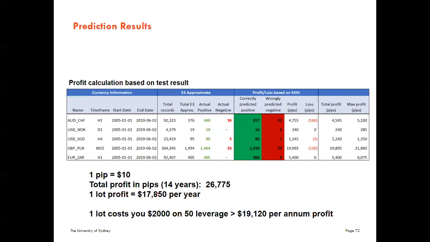You were saying your training data starts from 2005 and ends in 2019, and your testing data also starts from the same date and ends on the same day. So how is your model going to work in the real world? Because in the real world you can't train your model on the same data frame when you're doing the prediction, because you are training on historical data and making predictions in the future.